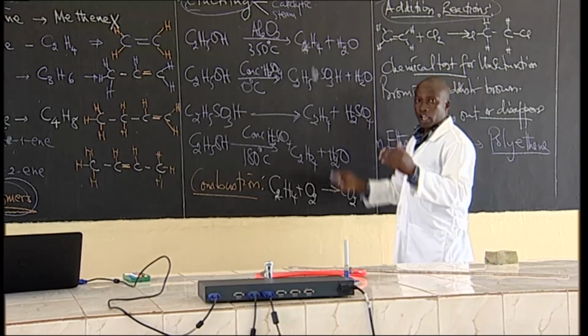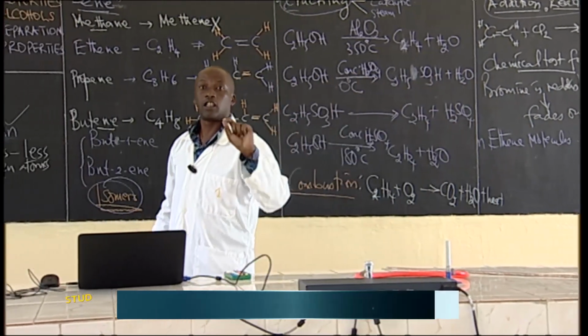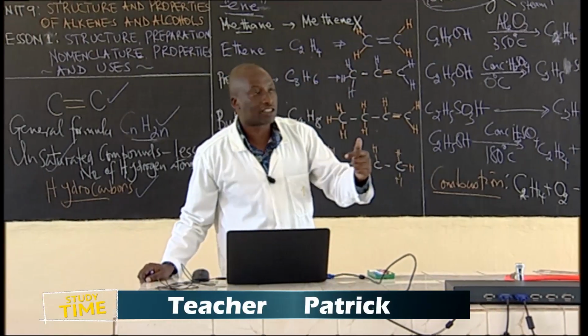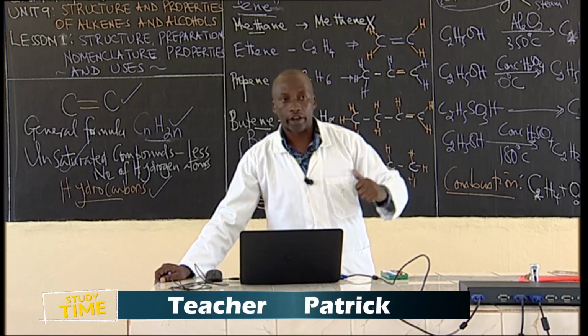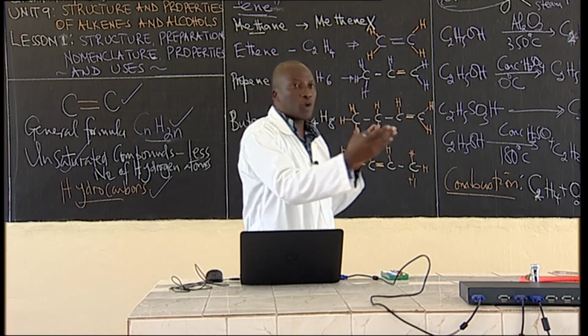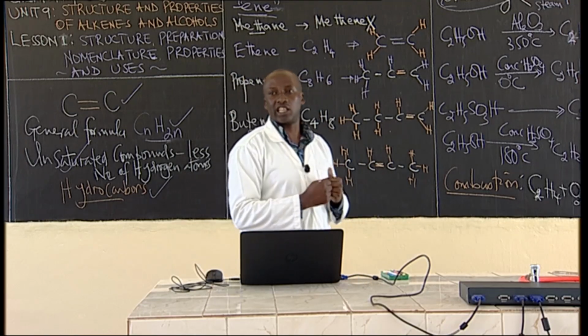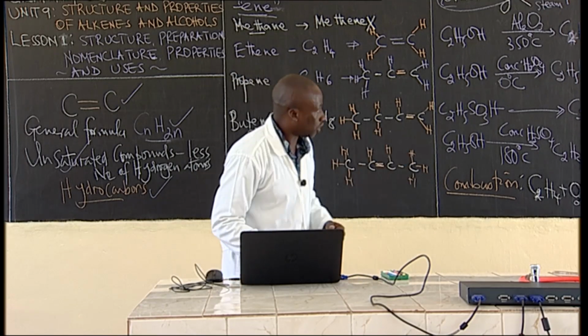Then we looked at the addition reactions. Under addition reactions, we looked at the reaction with halogens, that is the reaction with group 7 elements, which can be chlorine or bromine. In addition reactions, we said the atoms add between the carbon atoms containing the double bond to become saturated.